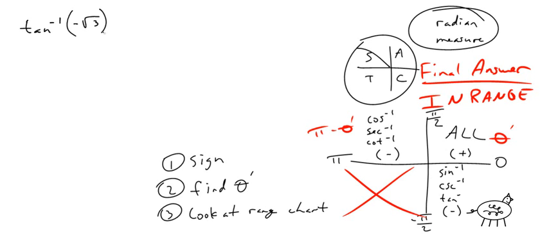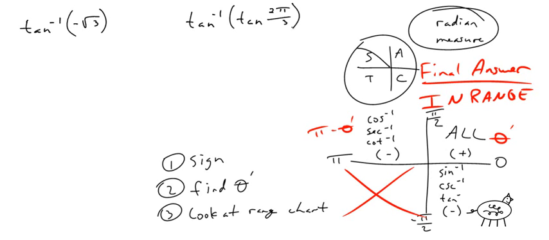And let's do another one here: the inverse tangent of the tangent of 2 pi over 3. Again, these are going to turn out to be the same. Of course, I'm just showing it to you to compare them side by side.